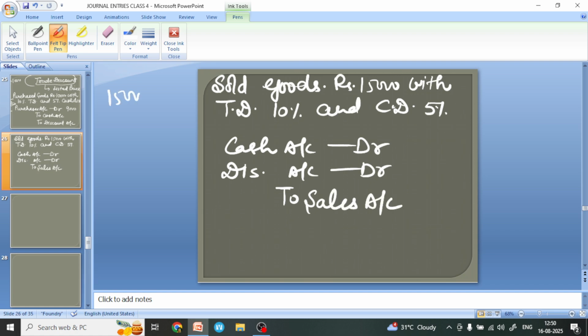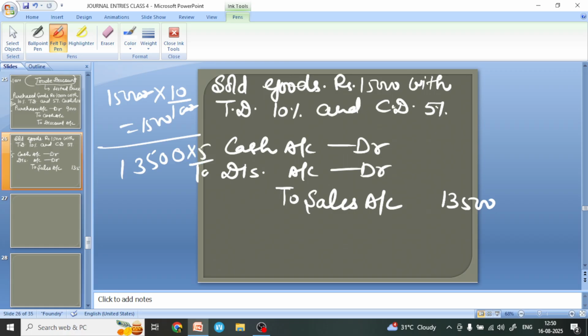First, 15,000, find the 10% trade discount. It will be 1,500. Now subtract this amount from 15,000. That will be 13,500.